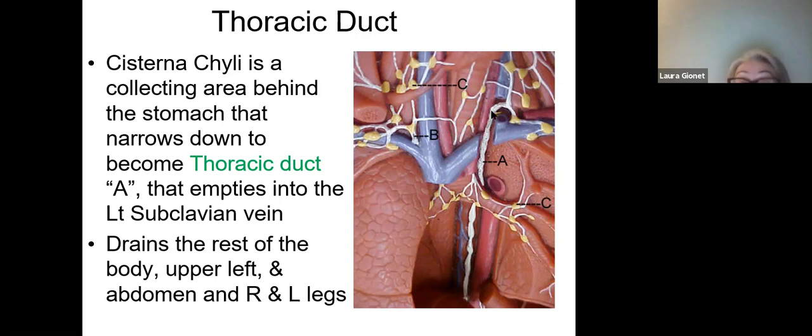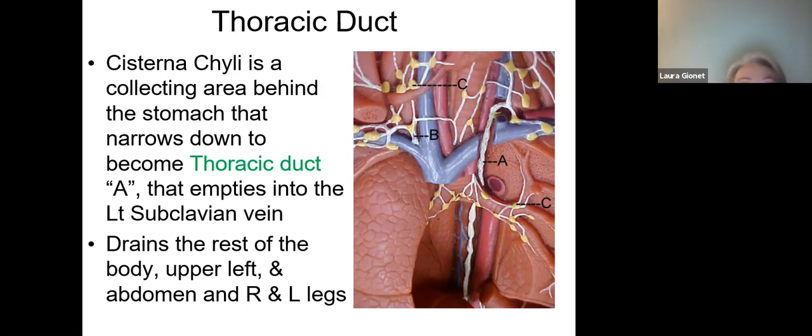You follow it all the way around superiorly in a hairpin turn, and then it's going to connect and articulate with the left subclavian vein. But if you go inferior where the letter A is, and you follow it down as it parallels the thoracic aorta, that whole stretch there is also the thoracic duct. And it has that name in the abdomen as well.